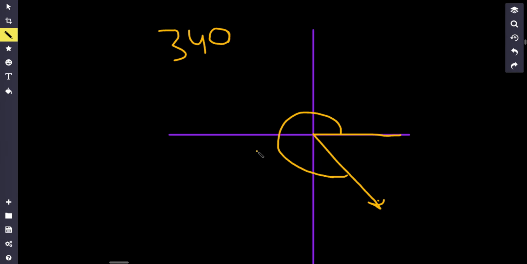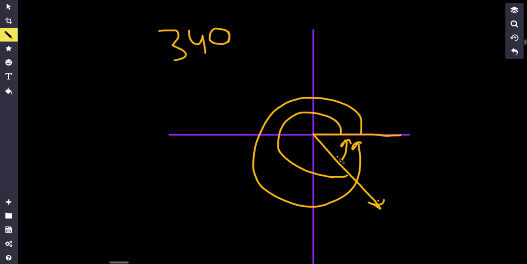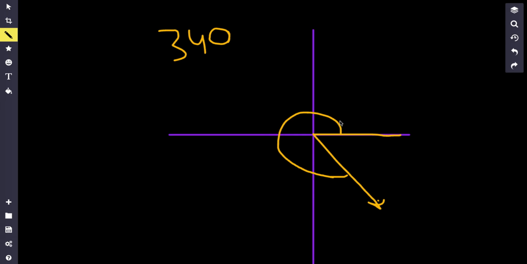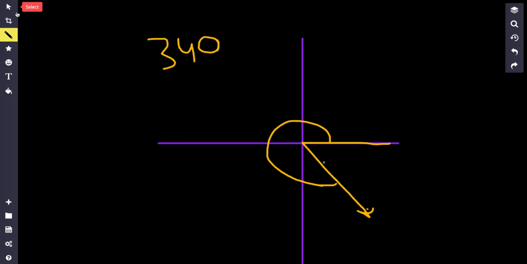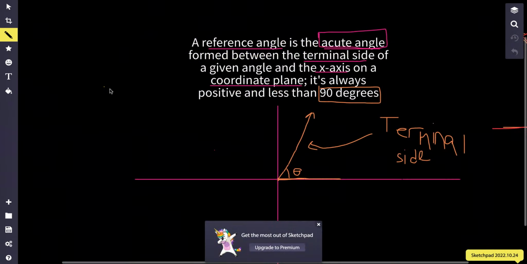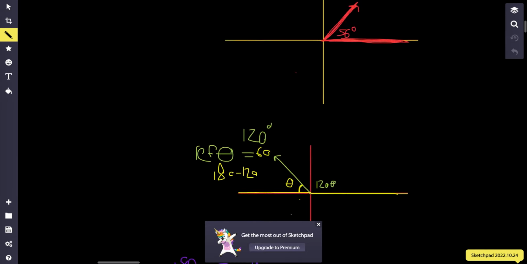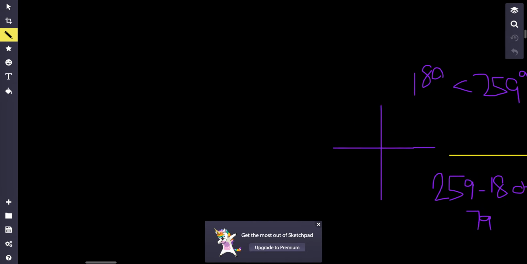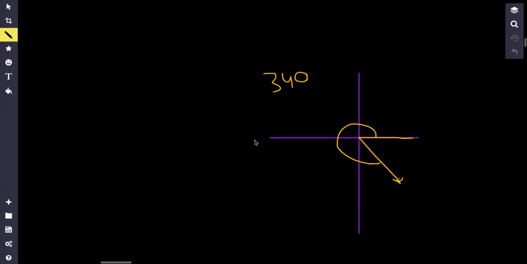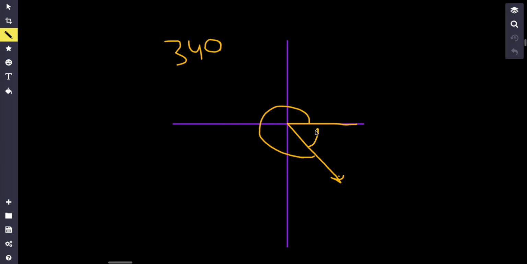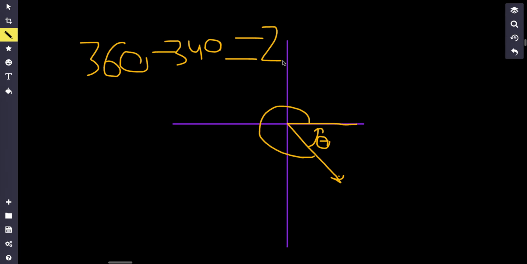Now what I do is I take the full 360-degree angle and subtract this tiny part, so that I get our reference angle, which is this part right over here, between the x-axis and the terminal side of the angle. So 360 minus 340 gives us 20 degrees.